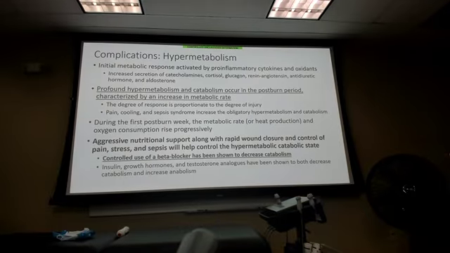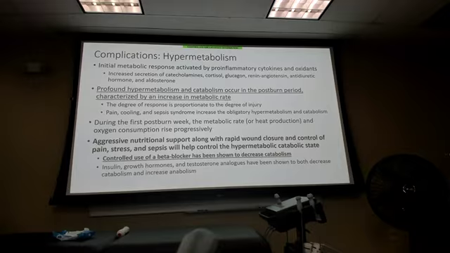All right. Hypermetabolism. So when we have a profound burn, our body is thrown into that inflammatory state, and our body's metabolism goes through the roof. Really, it's going to be activated by the pro-inflammatory cytokines and oxidants.